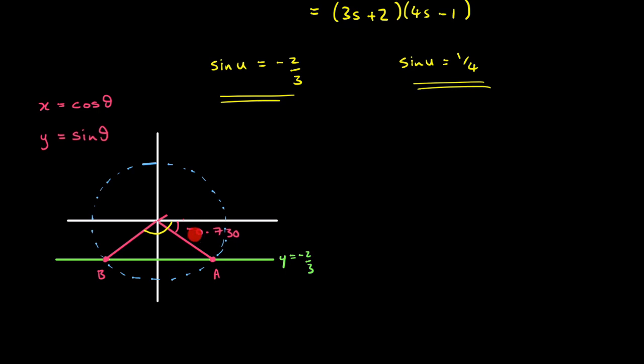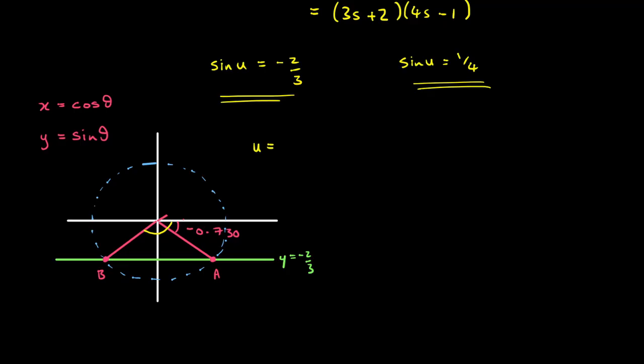So the angle in yellow would have to be pi radians, because that takes me up to there, minus the 0.730. And of course, because we're going anti-clockwise, again, it would have to be negative.